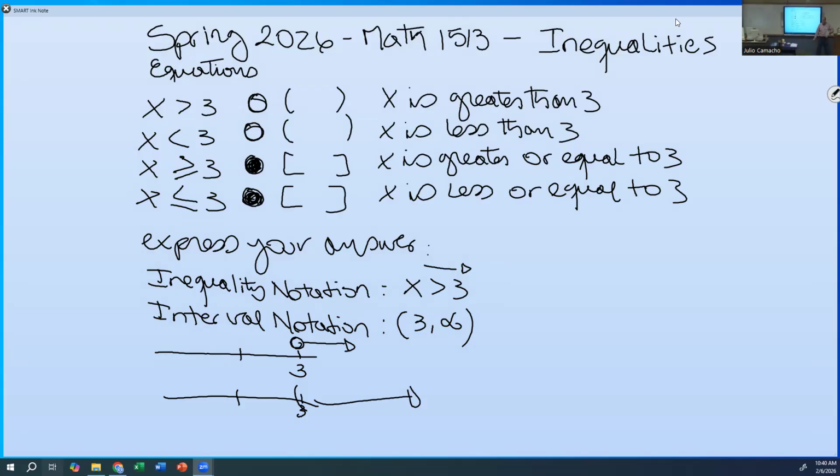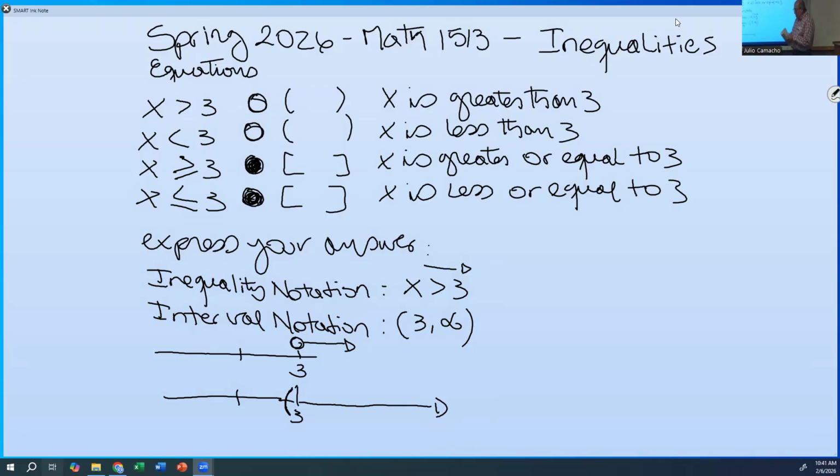Both ways are okay. You put your parentheses there, and you continue the same line to infinity. Those are the different ways that you can answer this question.